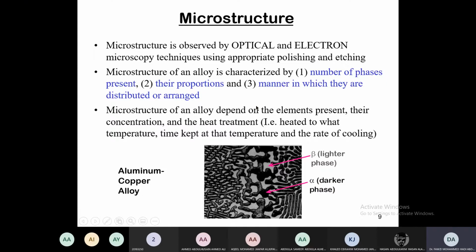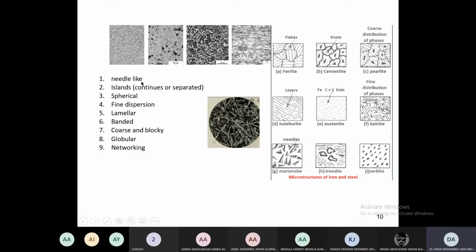And I've shown you some examples here. This is a microstructure with needle-like islands, for example. These are separated islands. It could be continuous islands, which are much bigger islands linked together continuously. I did not have a figure for that. We had fine dispersion, for example.